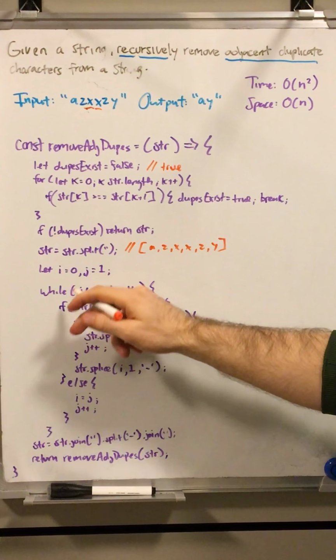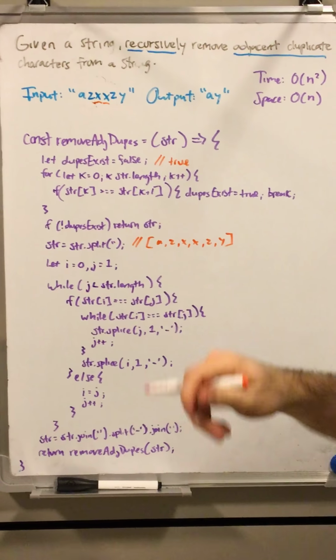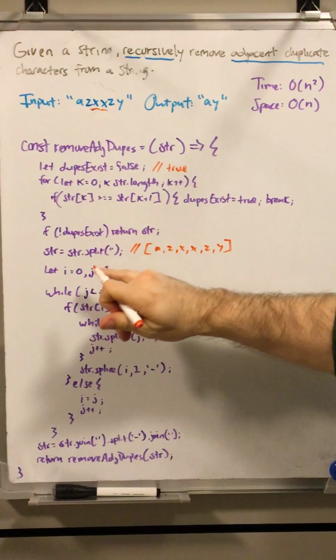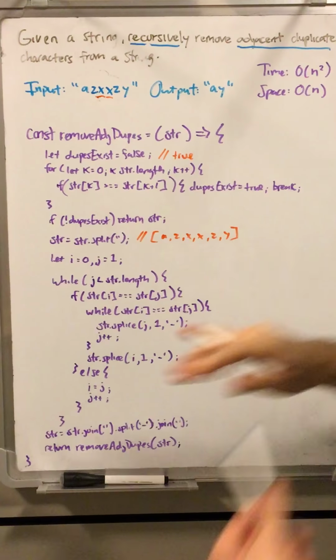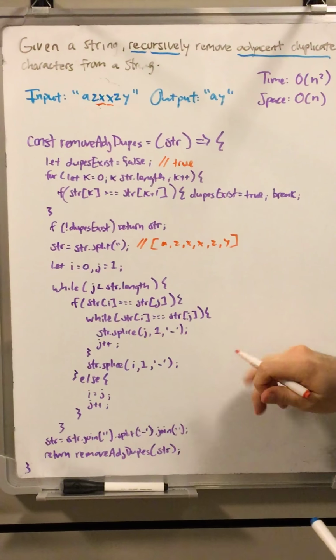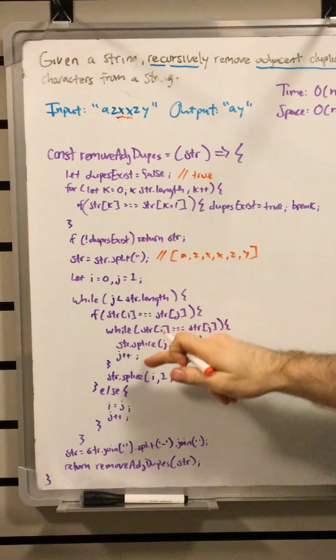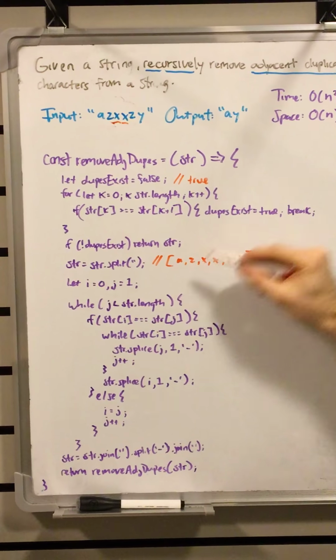And we're going to say, while j is less than the string length, we ask if the adjacent elements look like each other, then enter into a while loop where we keep on comparing i to j, and we're going to be moving j up.